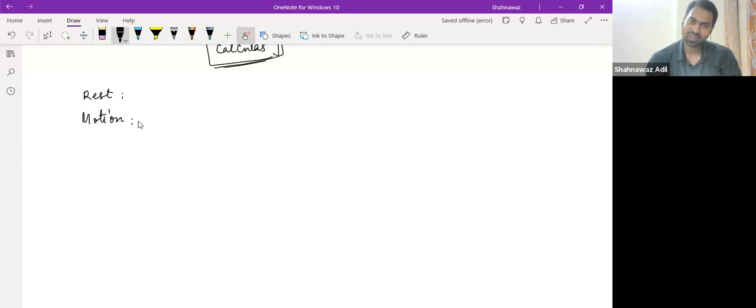Inertia will come in the Newton's laws of motion chapter, which is third, fourth, fifth chapter, I guess. So inertia will come in the fifth chapter. First thing is how do we define rest and motion of a body? This is defined by some frame of reference.